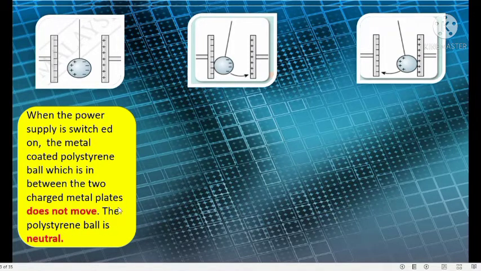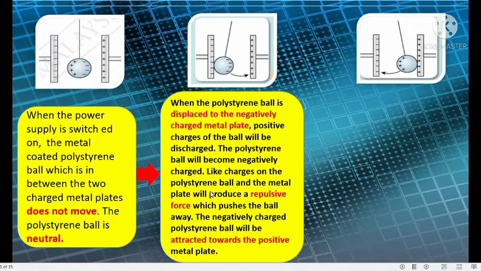The polystyrene ball is neutral. Then, when the polystyrene ball is displaced to the negatively charged metal plate, the positive charge on the ball will be discharged or neutralized by the negative charge on the negative plate.